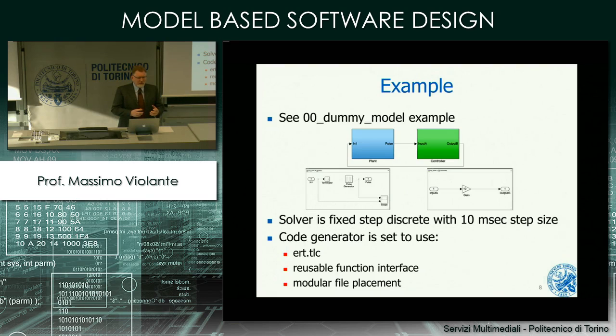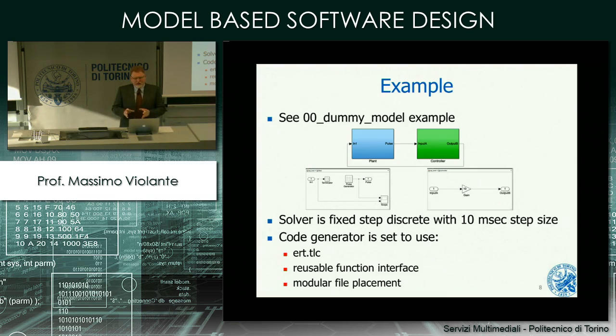The plant is not intended for becoming a piece of software. This is something that will not be deployed on the target. The plant is just an abstract representation of the physical phenomena that we want to control. So it is something that we want to have because this is what we will use to tune the controller, to design the controller.